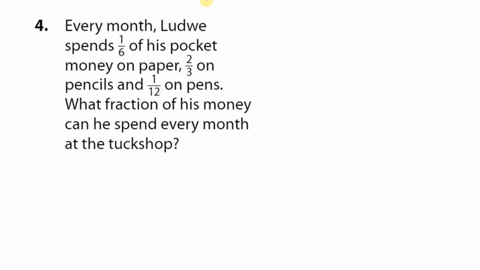So let's see. We have a sixth of his pocket money on paper. Two-thirds he spends on pencils. And 1/12 on pens. So if we add up all of those fractions, we know what he spends other than on the tuck shop.